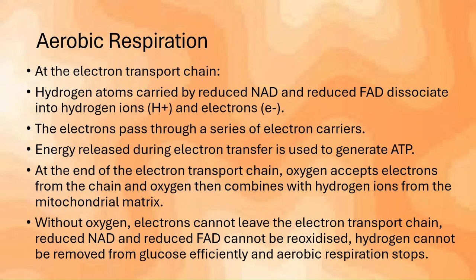Without oxygen, electrons cannot leave the electron transport chain, reduced NAD and reduced FAD cannot be reoxidized, hydrogen cannot be removed from glucose efficiently, and aerobic respiration stops. So this is why oxygen is really, really important and plays a key role in aerobic respiration. And if you want a more detailed video on the electron transport chain, you can find it in the topic 5 playlist.